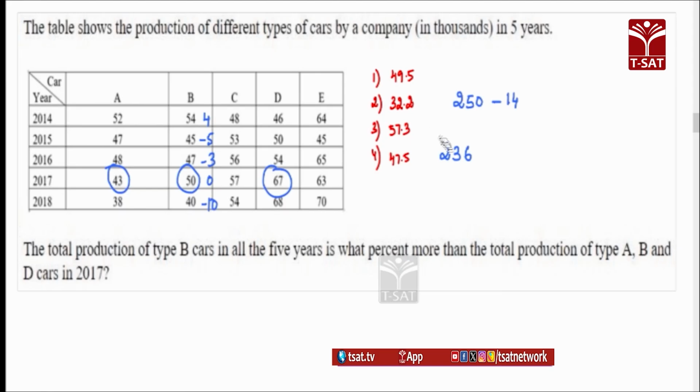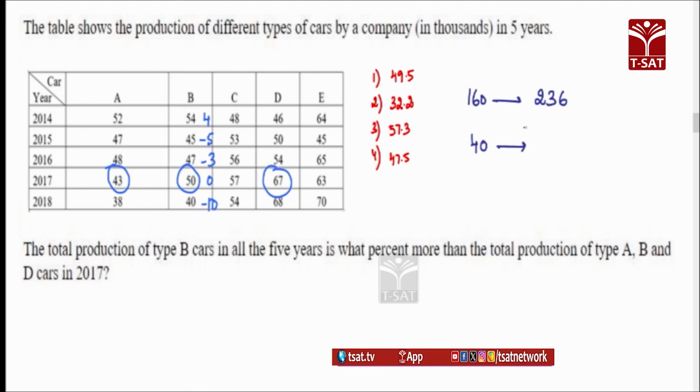Therefore, when you compare 160 and 236, you can cancel it by the 4 table to make it simple. Therefore, it becomes 40. See, 4 5s are, 4 9s are. Therefore, percentage increase or percentage more. How much more is it? 19 more upon 40 into 100.